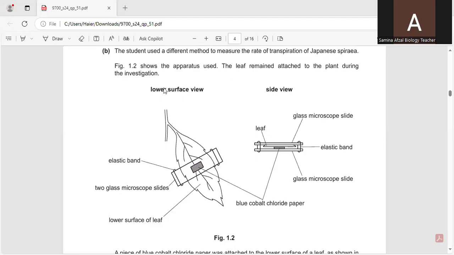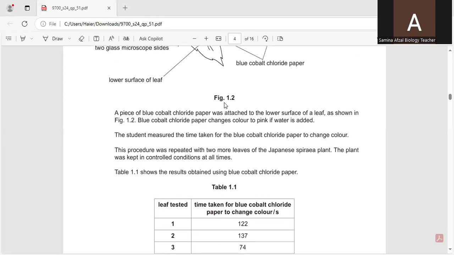In the lower side view and the side view, you can see the elastic band, two glass microscope slides, and the lower surface of the leaf. They have used the cobalt chloride paper, and the leaf is on a glass microscope slide, elastic band, and glass microscope slide. When cobalt chloride paper is touched with moisture, its color changes to pink.